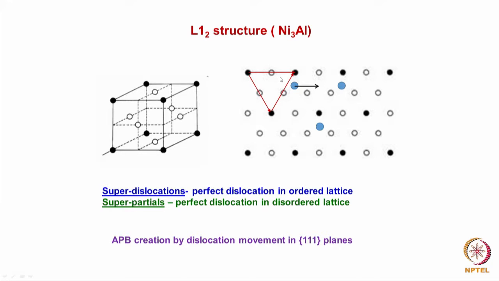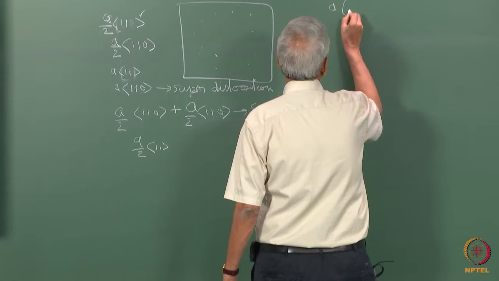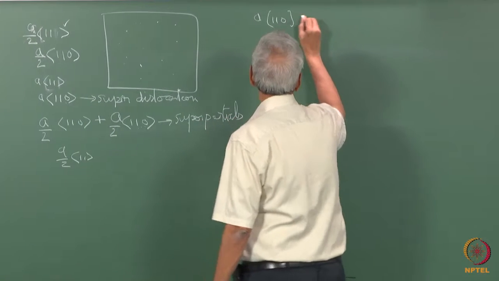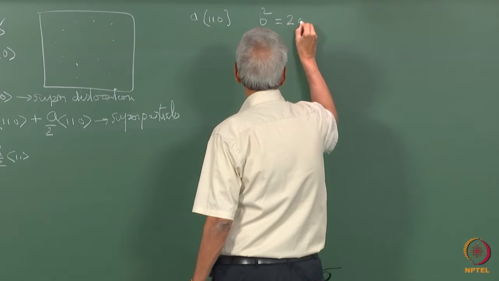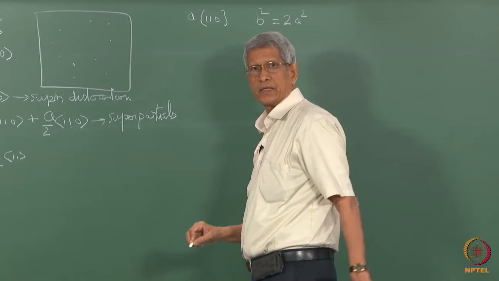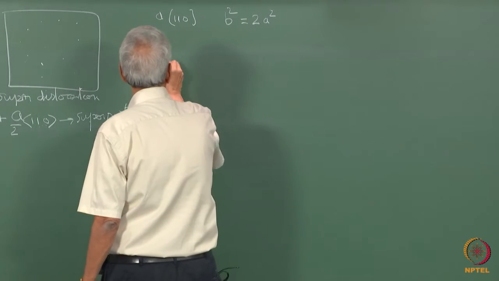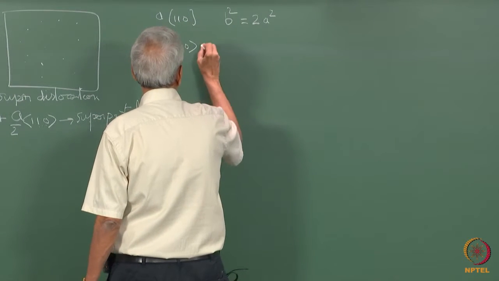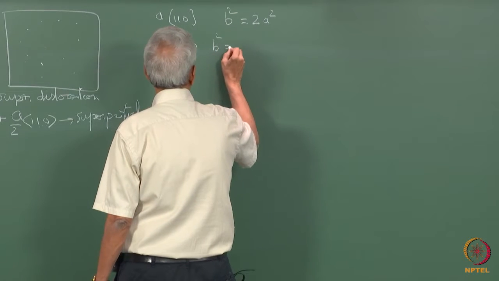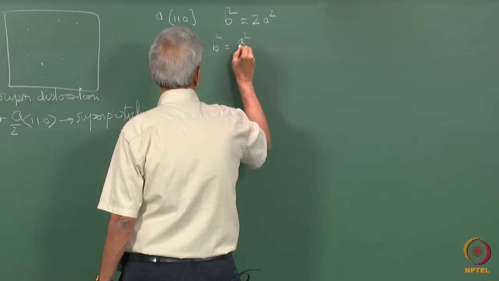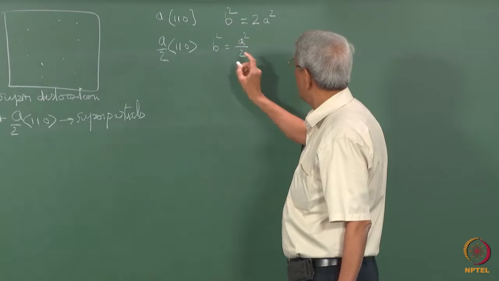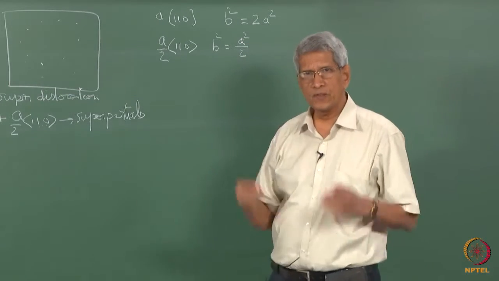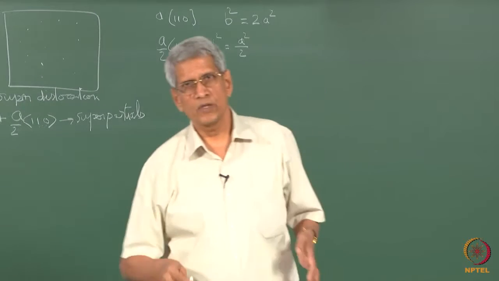So this super partial, as I mentioned, for a[110], the Burgers vector B squared becomes 2a squared, correct? And for this dislocation a/2 [110], B squared becomes a squared by 2. So if it splits into two, for both of them together it's only a squared, so there is a gain in energy. This reaction is always possible.